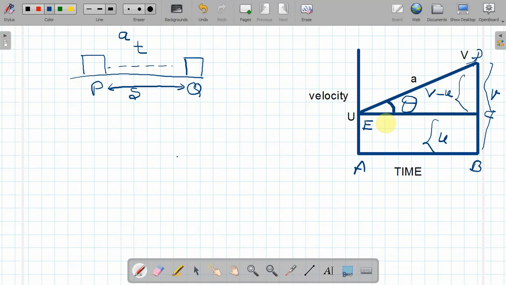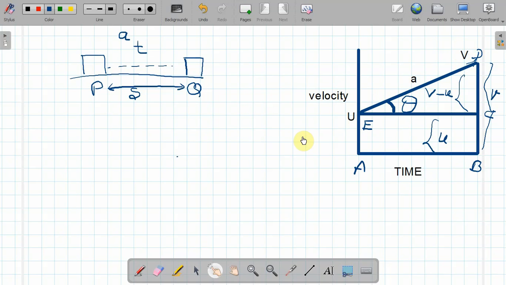In any velocity time graph, this is how the position of the particle changes with respect to time. The particle acquired the initial velocity u, and it is moving till the point d where it acquires the velocity v.